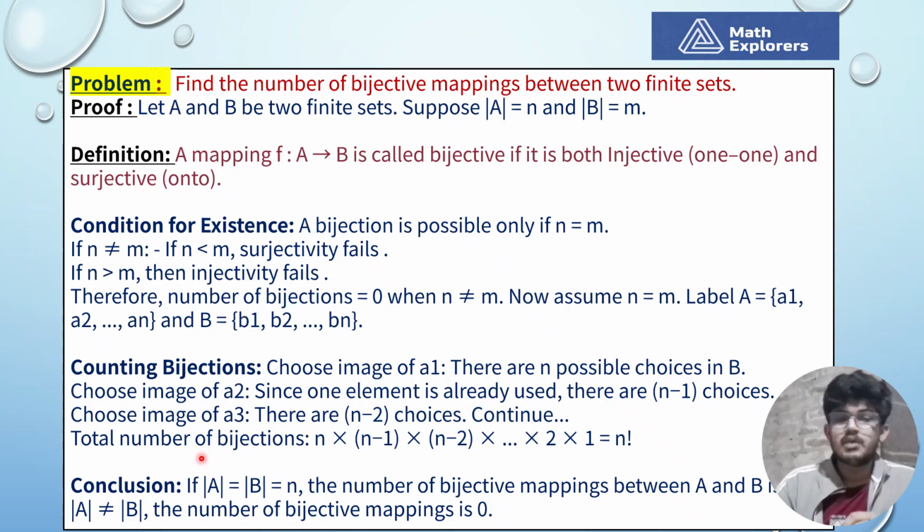So total number of bijections is n into n minus 1 into dot dot dot into 2 into 1, so n factorial. So if cardinality of A and B are same, then the number of bijective mapping between A and B is n factorial, and if cardinality of A and B are not equal, then the number of bijective mapping is 0. Clear? Any doubt? Next page.